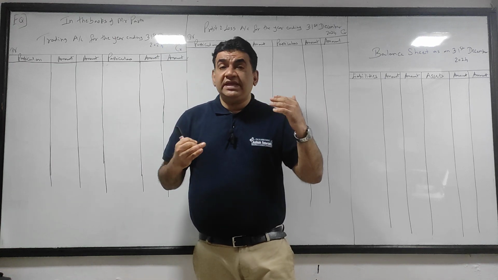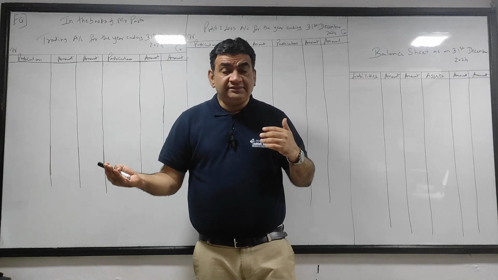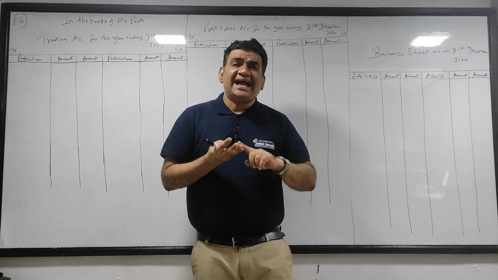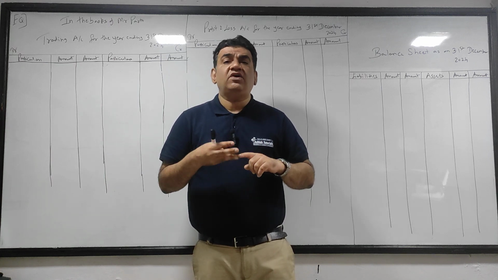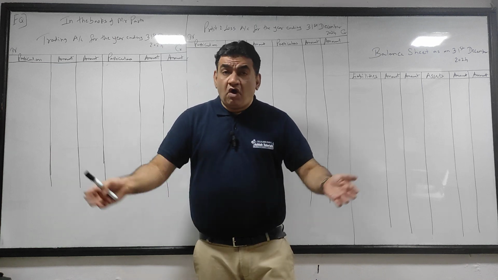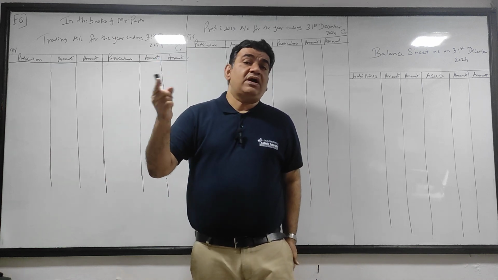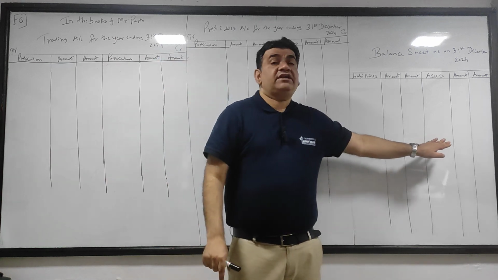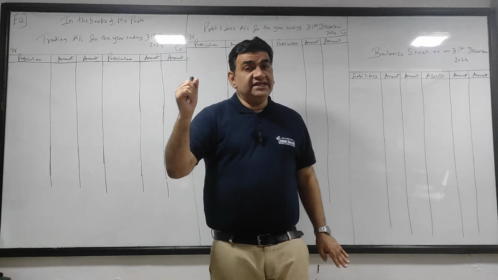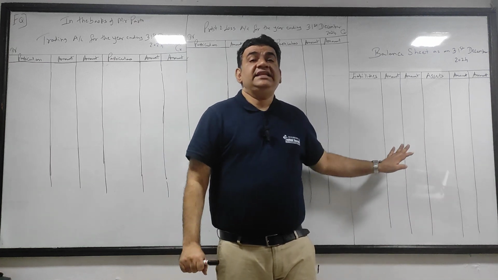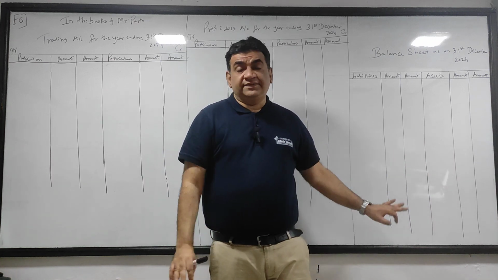So any amount payable will be a liability, and if you own any assets in the form of property or cash, bank, or if there is any amount receivable, then that will be assets. Anything receivable is an asset, anything payable is a liability.